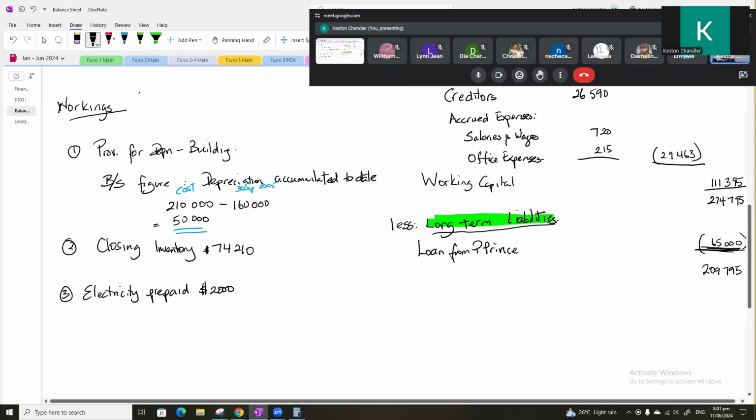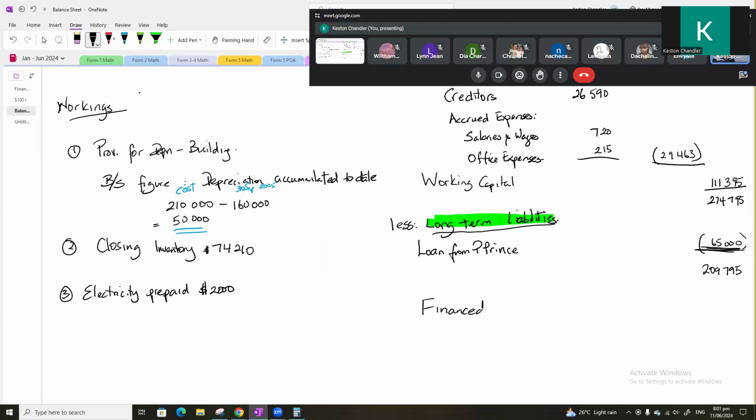We need to make sure that when we work out our capital, we have the same figure, so our accounts are balancing. So the financed by section is dedicated to calculating our capital. And what we have would be our capital at start, less any drawings that was made during the period, because that means you would have taken money out of the business, right?